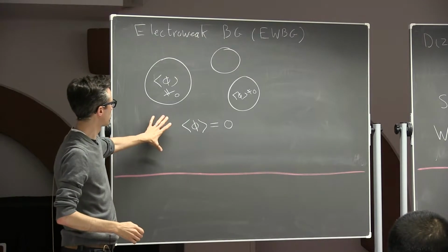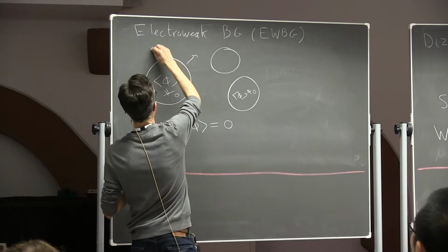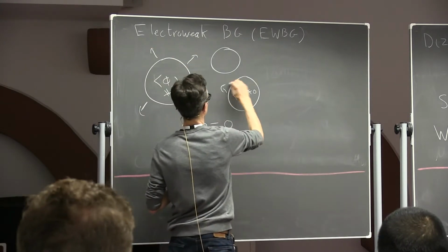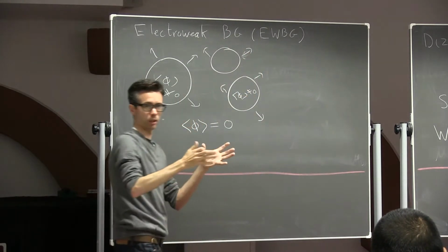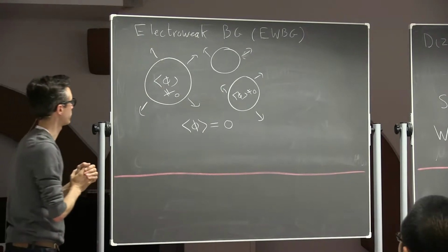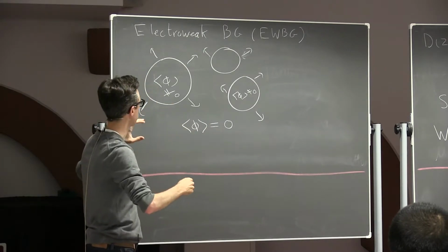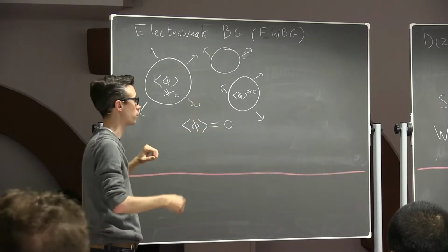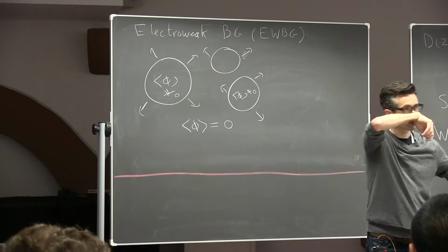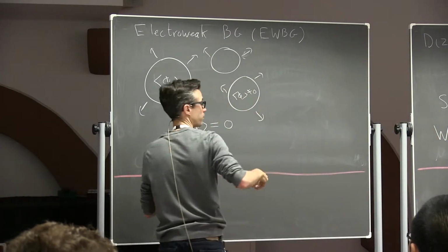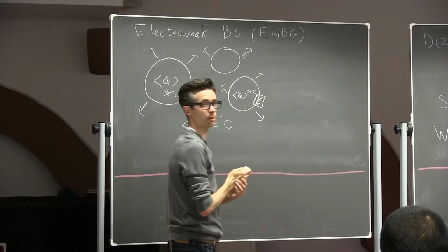This is my unbroken phase, this is my broken phase, and these are bubbles of broken phase that I've nucleated through a first order phase transition, expanding out within the surrounding unbroken phase. As long as the nucleation rate is big enough, I make enough of these bubbles and they expand fast enough that eventually they all come together and coalesce. But while they're nucleating and growing and expanding within this symmetric phase, I can have baryon production take place. So electroweak baryogenesis takes place near these bubble walls.